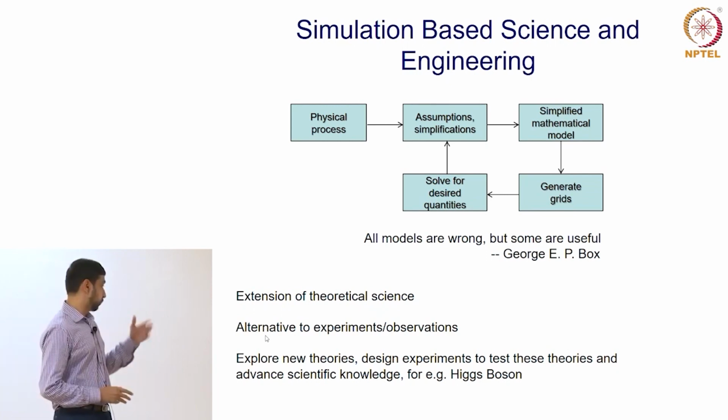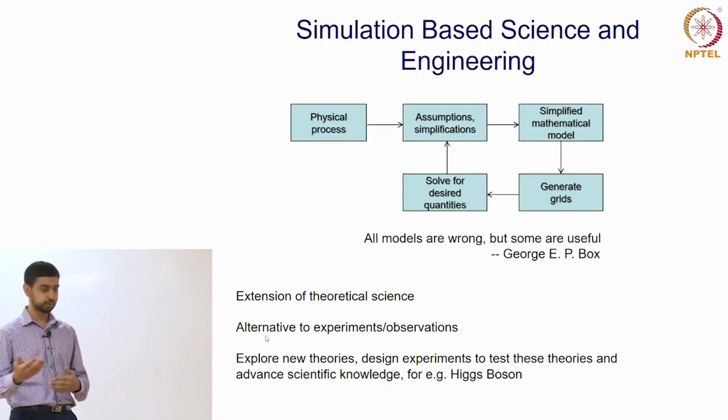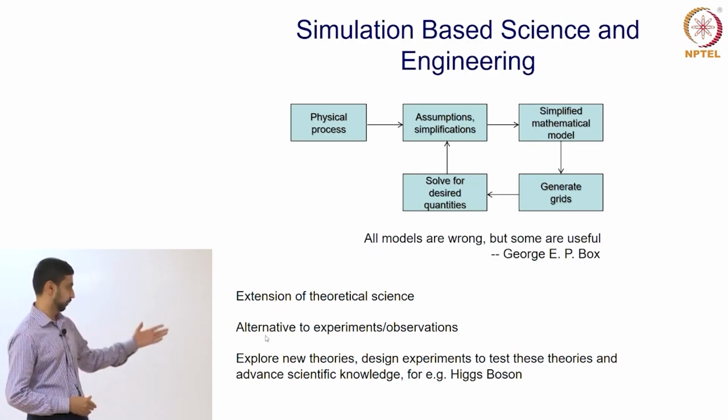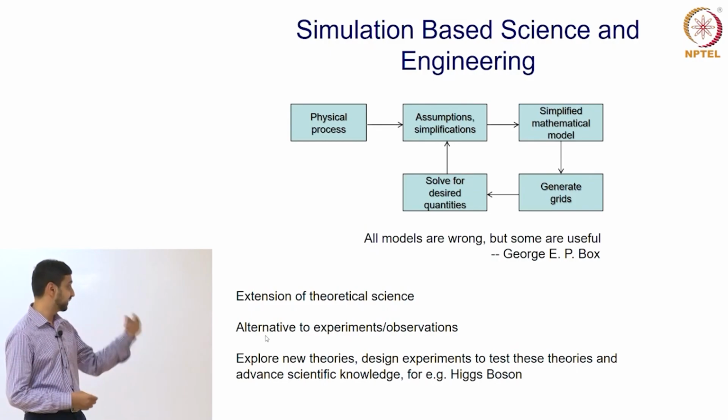Exploring new theories, designing experiments to test these theories out, and advance scientific knowledge. For example, the Higgs boson. I mean, we are going into particle physics right now, but Professor Higgs had come up with this particle way back in the 1960s, and then they devised experiments.